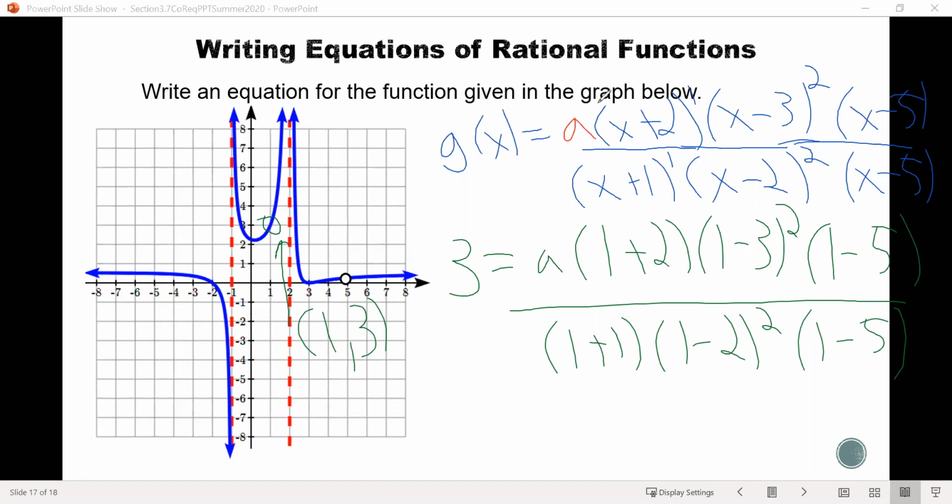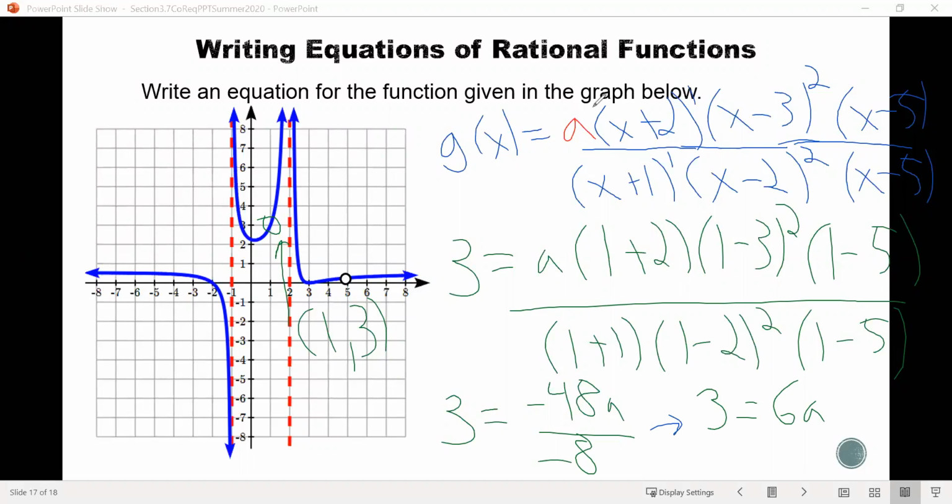And multiplying all that out, we would have on the top, looks like we would get negative 48 times a. On the bottom, you would have negative 8, which negative 48 over negative 8 becomes positive 6.